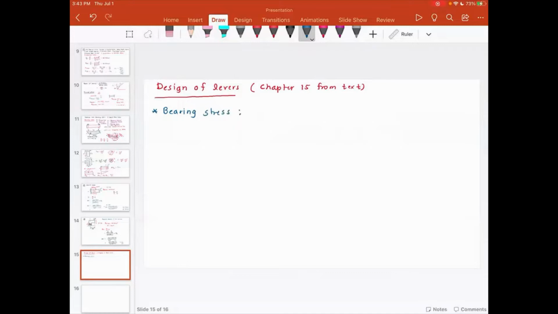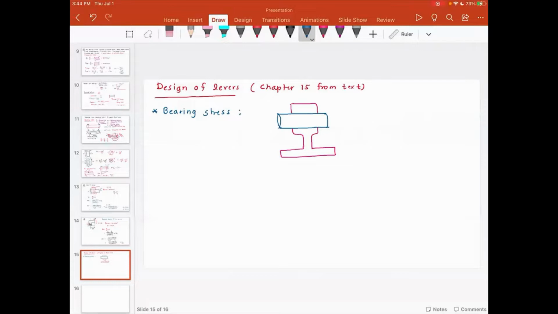Now, what is this bearing stress? Bearing stress comes because of the bearing. For example, if you have a rod or a shaft, and this rod or the shaft is supported in some sort of a journal bearing. So this is the journal bearing, and this is where the rod or the shaft is supported.